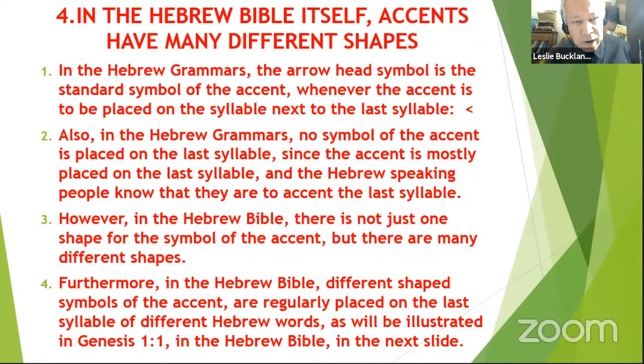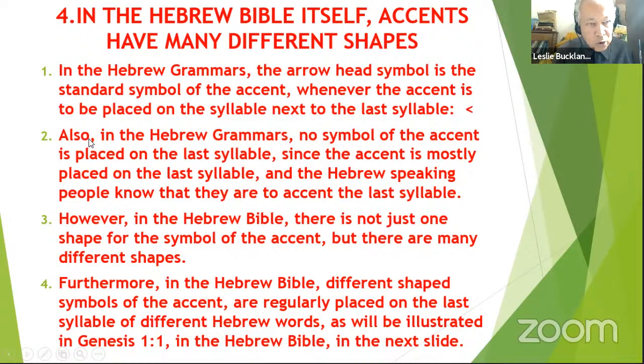So the writers of the Hebrew grammar have tried to simplify the learning of the language by having one symbol for the accent, and by not using that symbol on the last syllable of the word. So, number 1, in the Hebrew grammars, the arrowhead symbol is the standard symbol of the accent whenever the accent is to be placed on the syllable next to the last syllable.